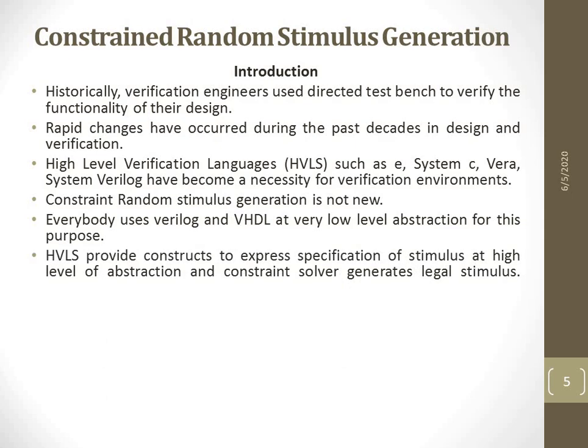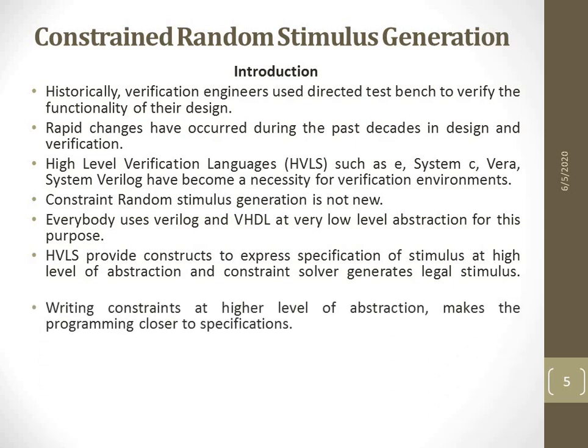HVLs, that is high level verification languages, provide constructs to express the specification of stimulus at a high level of abstraction, and the constraint solver generates legal stimulus. Writing constraints at a higher level of abstraction makes the programming closer to specifications.